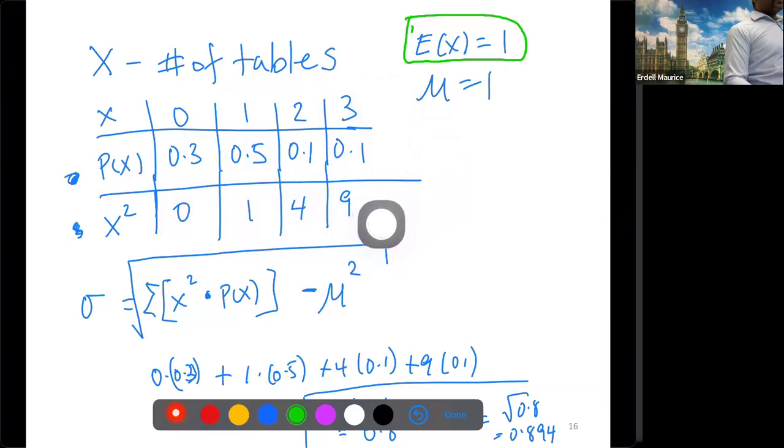Then you do the same process you just did, except you're using this row. So you go probability times 0, probability times 1, probability times 4, probability times 9, and you add them up. We're doing this part of the formula right here.